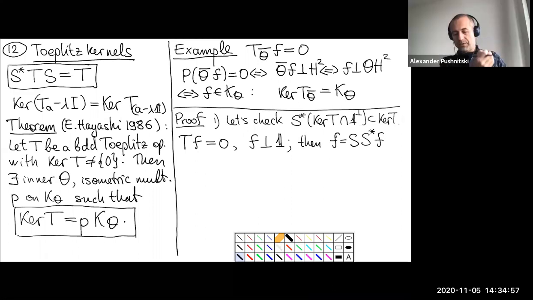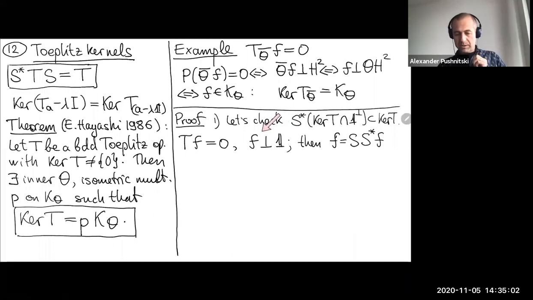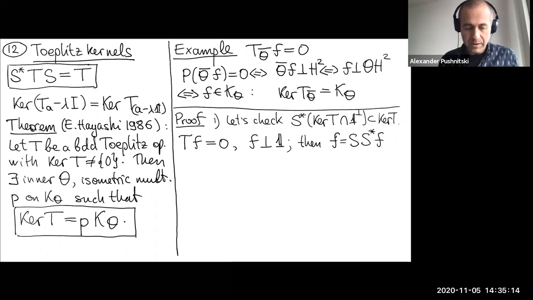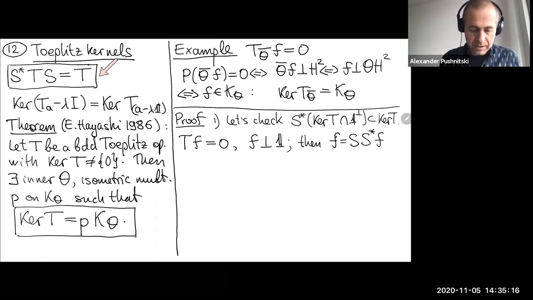But if your zeroth Fourier coefficient is already 0, that's precisely what orthogonality to 1 means, then if you move backwards and then move forward again, you come to the same element.